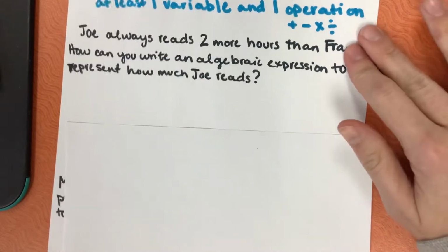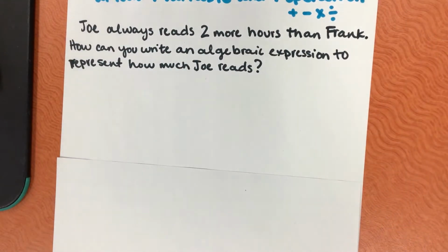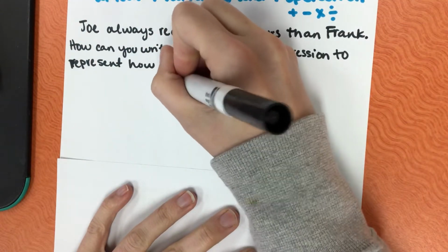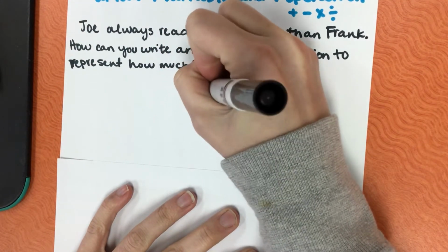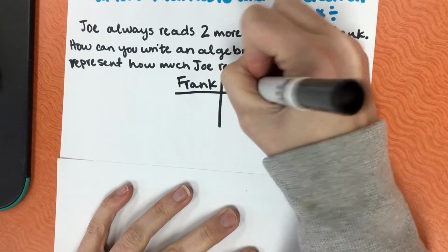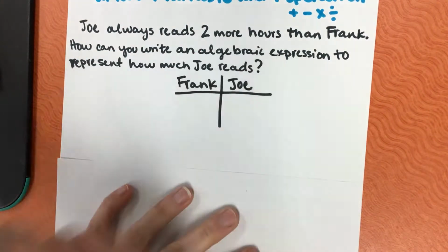What I'm going to do for this problem is make a table and fill it in with the information that I know based on the problem. I'm going to have the left side of my table be for Frank and the right side be for Joe.